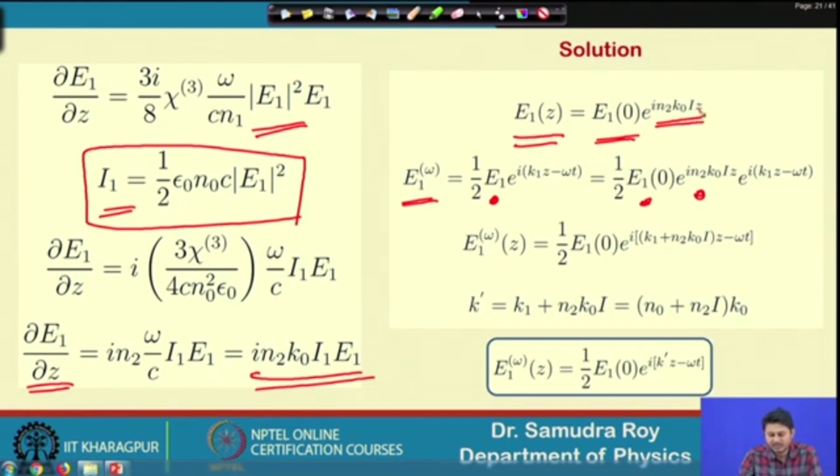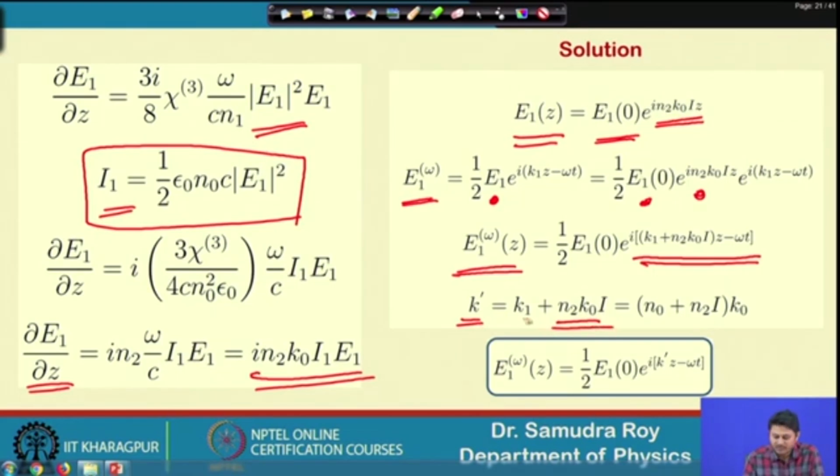Here you can see that when z is equal to 0, E1(z) is equal to E1(0). So, gradually the phase is going to evolve, and if I now write the total phase of the total field E1(z), then I find that this is now changing. In this total electric field, the phase term is changing, and in this phase we have a propagation constant. Now, my nonlinear propagation constant k prime is k1 plus n2 k0 I.